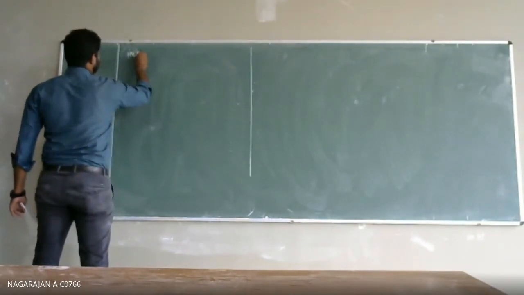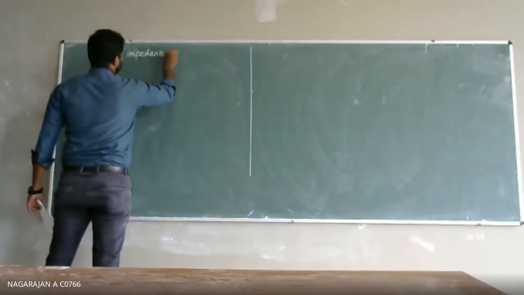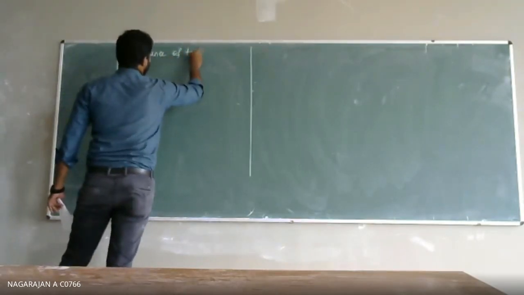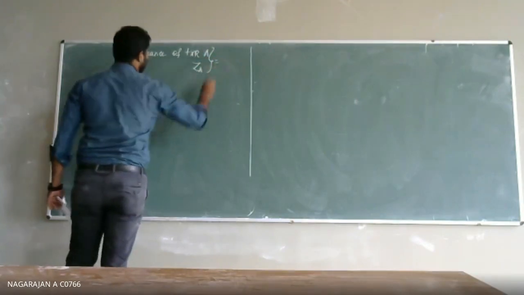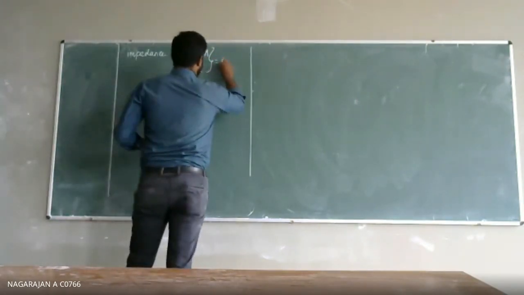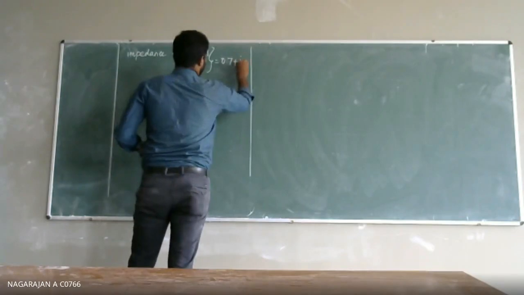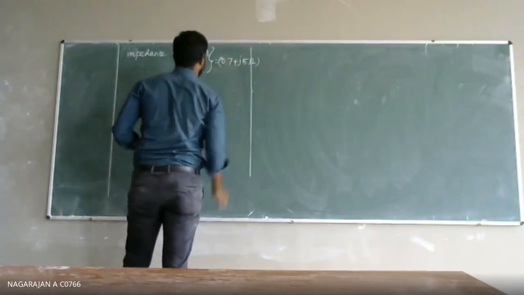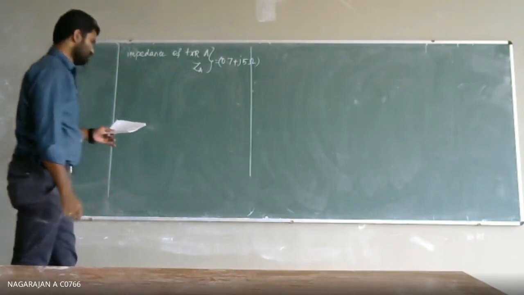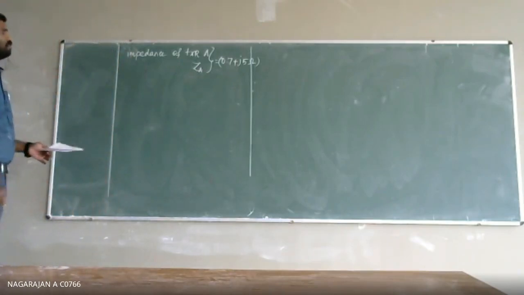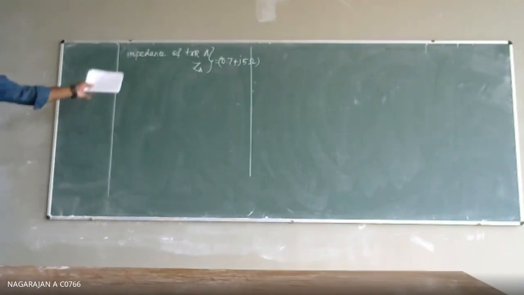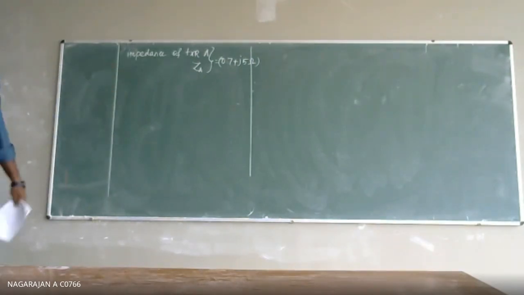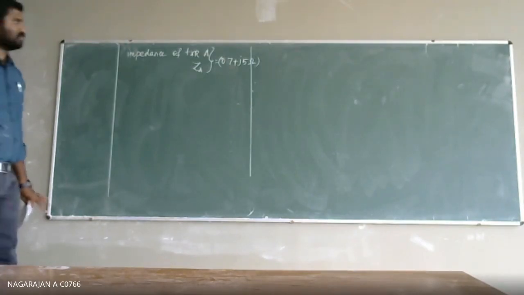Impedance of transformer A, which is given as ZA, is equal to 0.7 plus J5 ohms. Which is given in rectangular form, we have to convert that into polar form. So after converting that into polar form, what is the value? Find out. Do you know how to convert this to polar form?